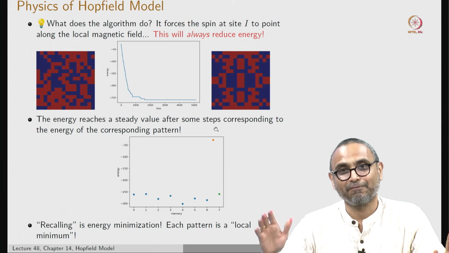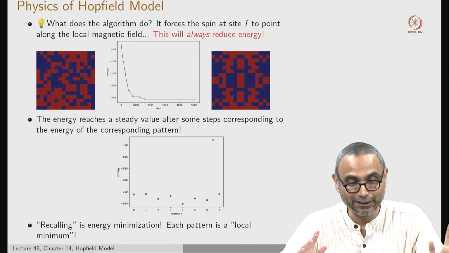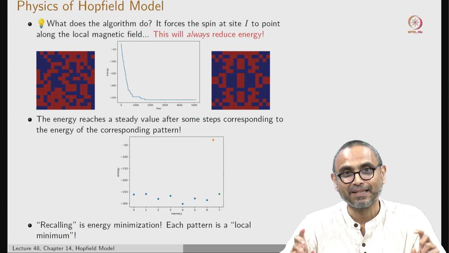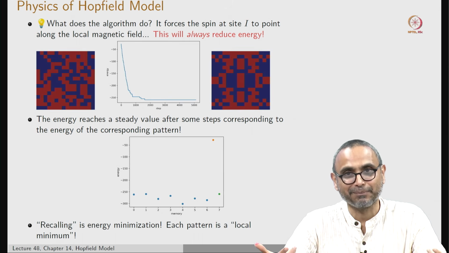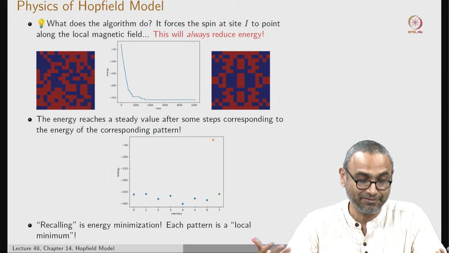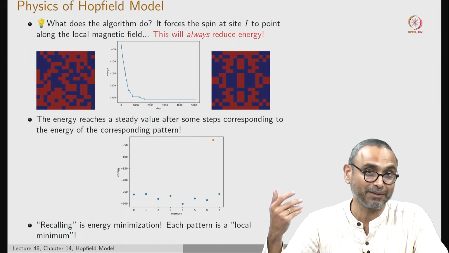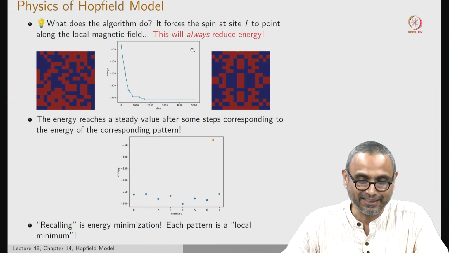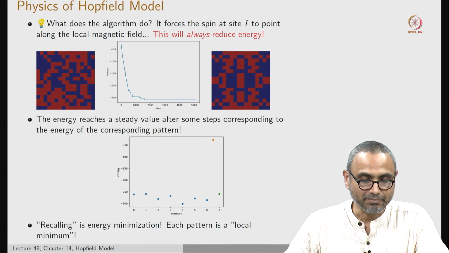But what we have managed to show, based on this idea, is that recall of a pattern is simply energy minimization. This is a very nice idea, because we understand a lot about the physics of spin systems and we know how to minimize energy there. This is one of the very nice connections between neural networks and statistical physics.